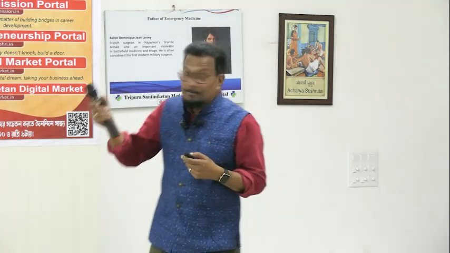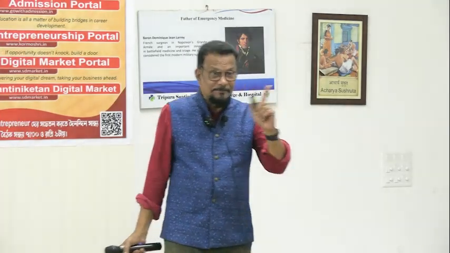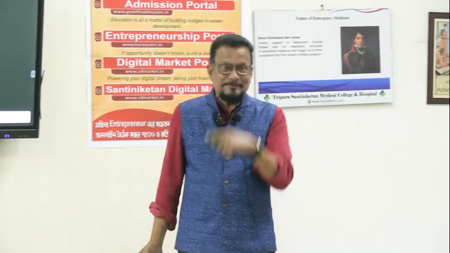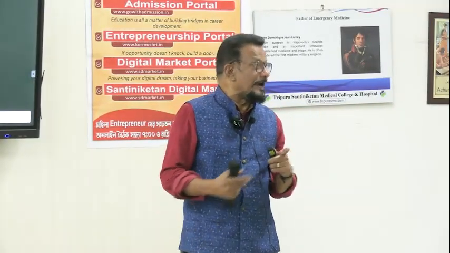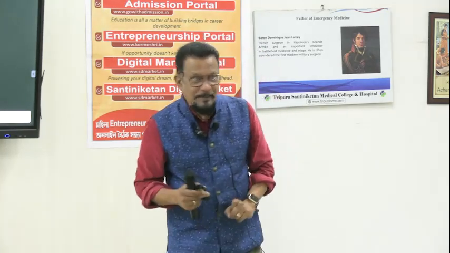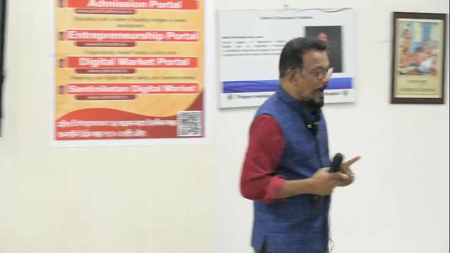Clear? So in this case, his H. pylori is negative, but we found the presence of these two antibodies in the blood. So immediately we could diagnose that my patient is actually suffering from pernicious anemia, vitamin B12 deficiency anemia.